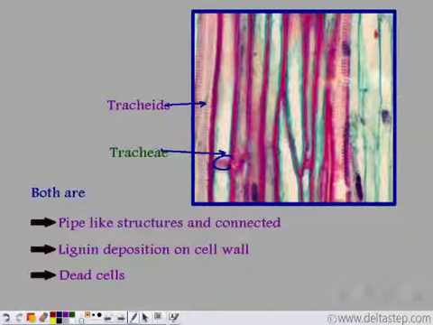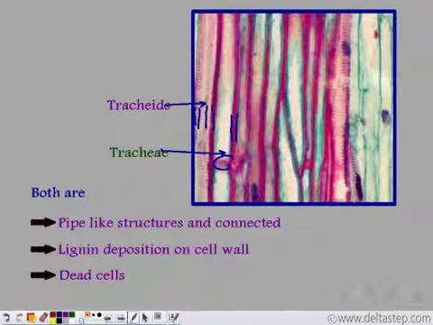They have thick cell walls due to depositions of lignin. See, this cell has thickened cell walls, and the next cell or the trachea also has thick cell walls. And this thickening is caused by the substance known as lignin. Now notice one thing.